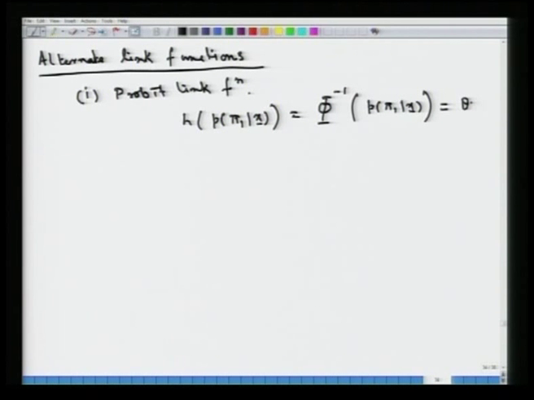That is equal to theta, which is our β* prime x*.